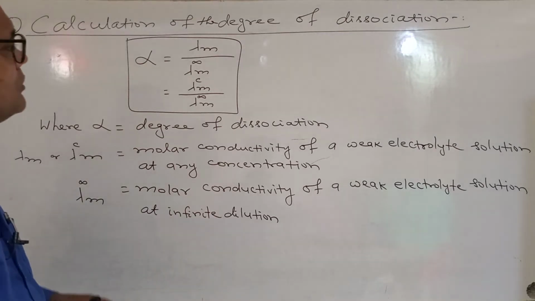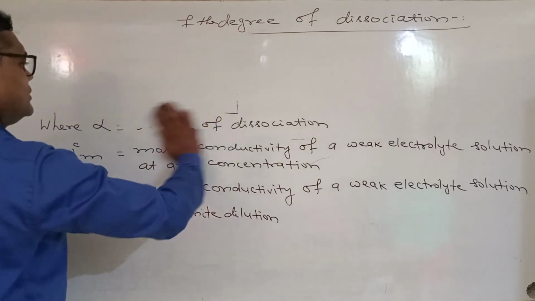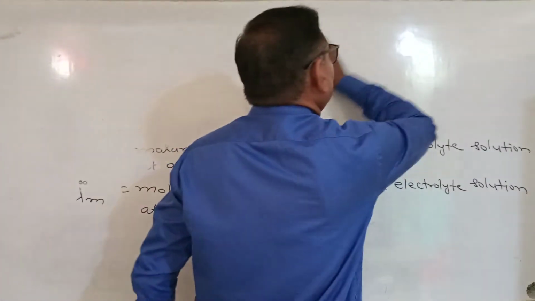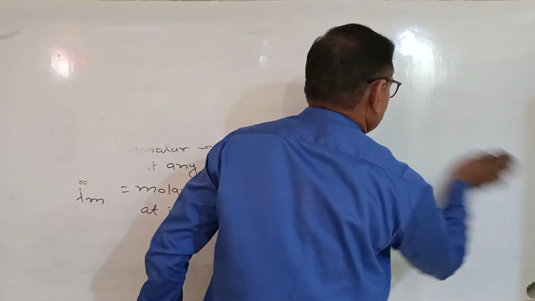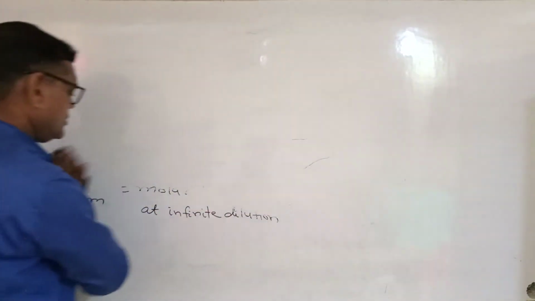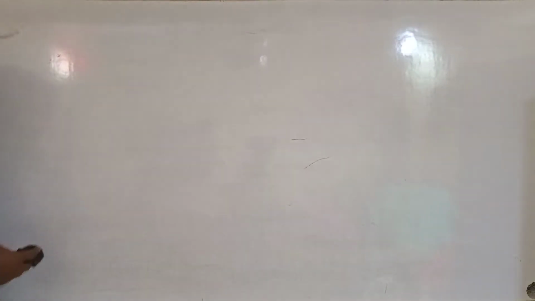Now, the next application. Point number 3 is called application of Kohlrausch law.